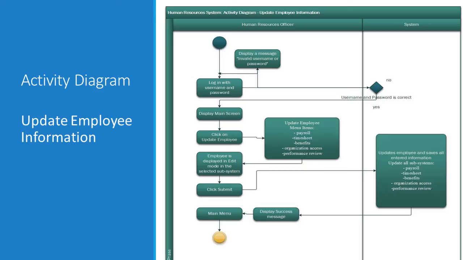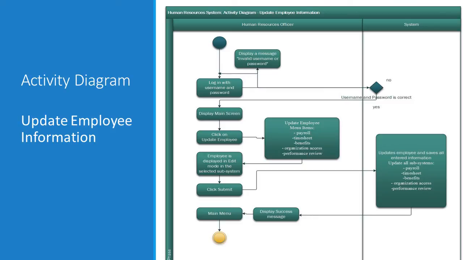The HR officer will be able to do the updates as necessary. We'll click a submit button, and the system will update and save the entered information in all the pertaining subsystems. A success message will be displayed, and then it will go back to the main menu at the end, so that the HR officer may log off, or do some other updating using the same system.